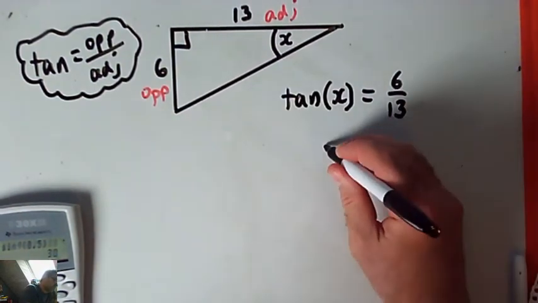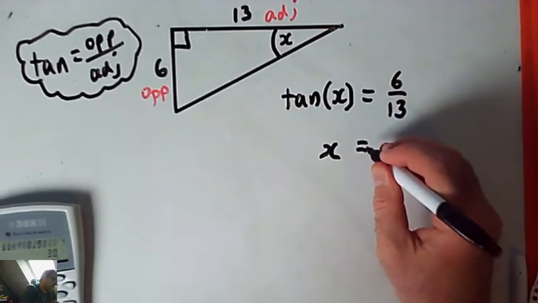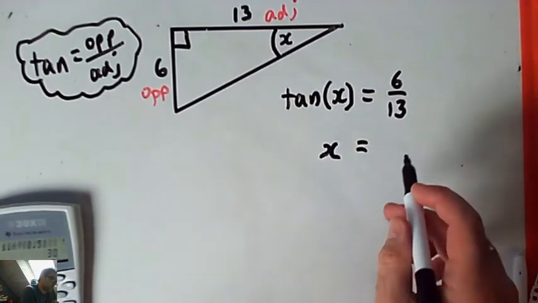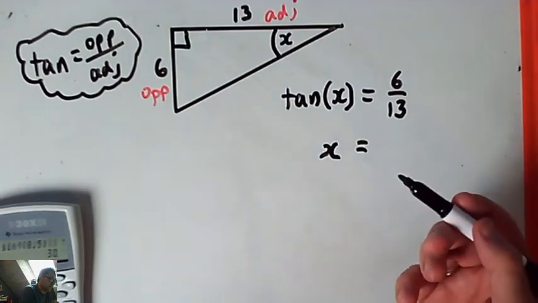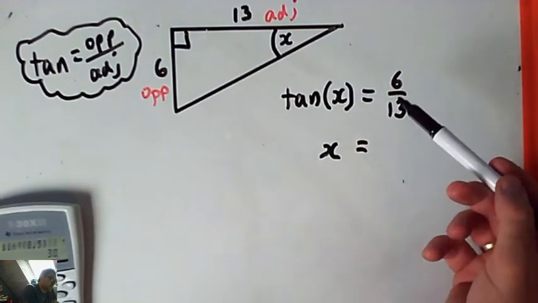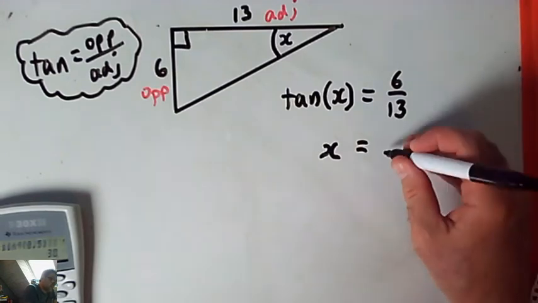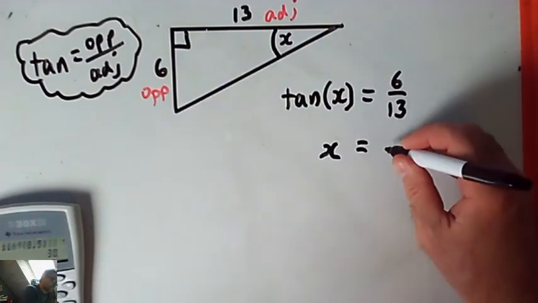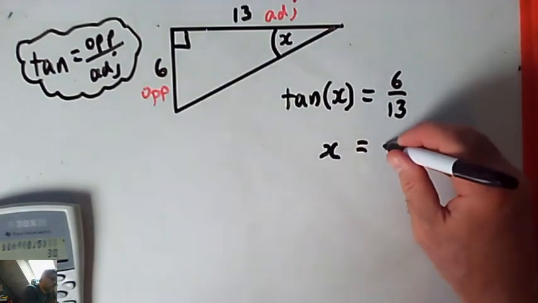So that doesn't mean that x is the tan of 6 over 13. It means that x is the angle that when we do the tan of it, we get the answer 6 over 13.